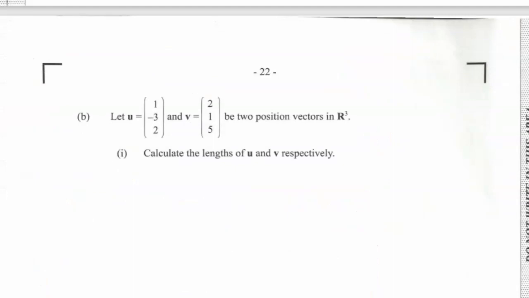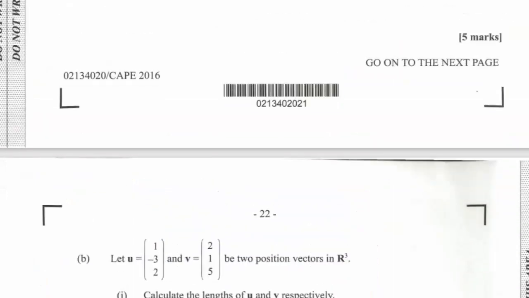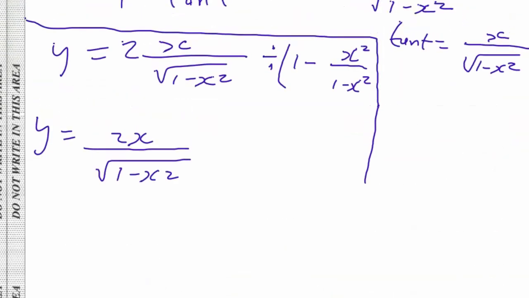Now I need to bring all this under one common denominator, which would be 1 minus x squared. It's 1 over 1, so I can multiply numerator and denominator by 1 minus x squared, and then we have a minus x squared here.